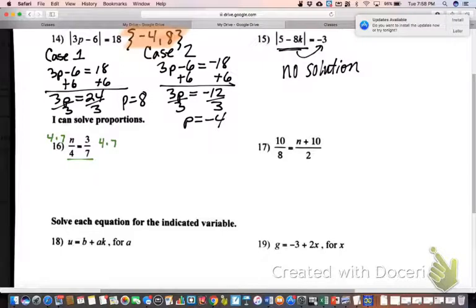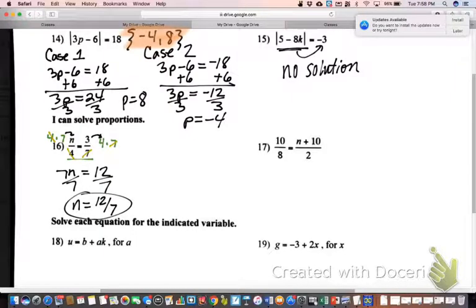So if I do that, that 4 and that 4 are going to cancel out, and that 7 and that 7 are going to cancel out. So I'm just left with 7 times n, which is 7n, and then 3 times 4, which is a 12. So I'm left with 7n is equal to 12. If I divide both sides by 7, remember that n is equal to 12 over 7.